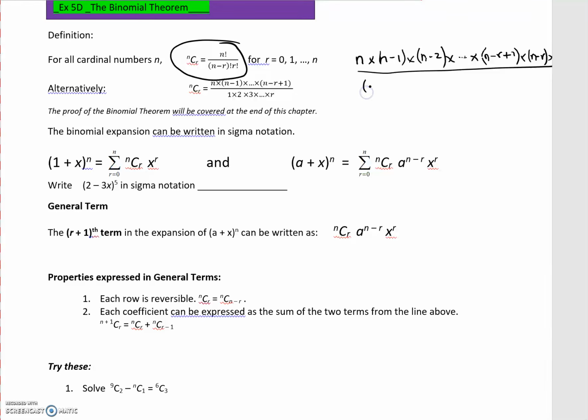All over n minus r factorial, and r factorial. Subtracting 1 each time as we go down, all the way to 1.